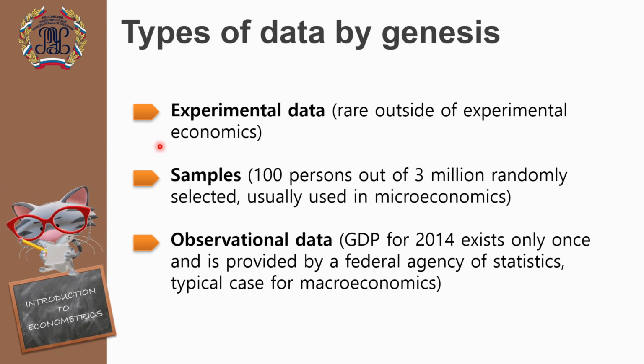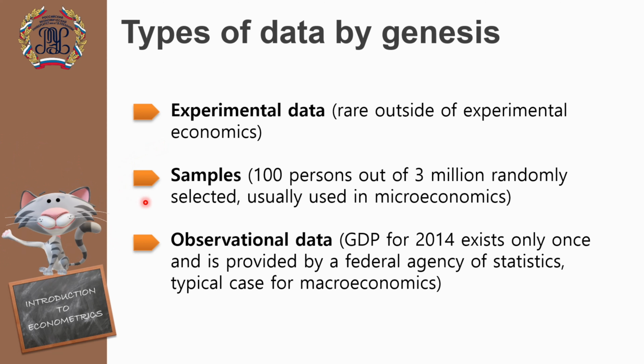And we measure the different features of the system and try to make some conclusions on the behavior, on the evolution of the system, and so on. But of course, it's very difficult to perform experiments in the real economy. That's why this genesis of the data is pretty rare.